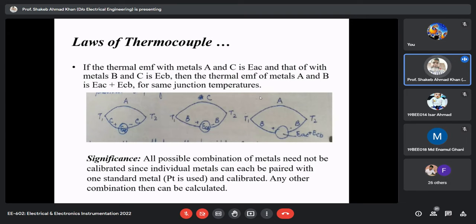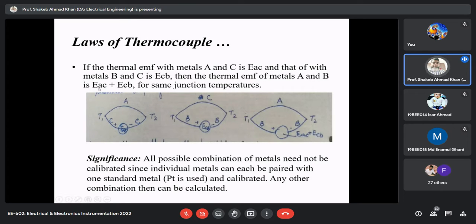Because calibration tables are experimentally found, you are supposed to be accurate, in the sense that whatever the technology, whatever the standards you are having, you should use the best of the best technology and best of the best standard to find out the calibration table for any thermocouple.